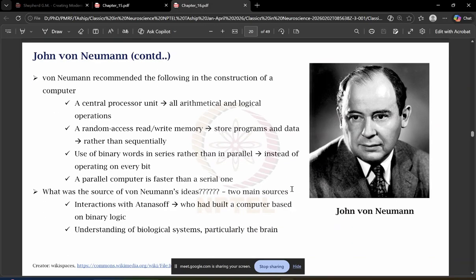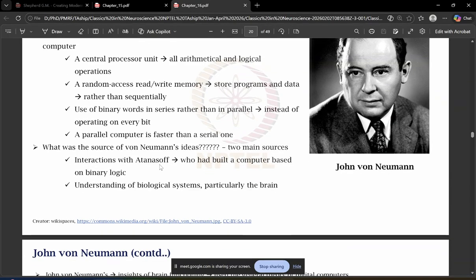So the idea that a computer should have a processing unit and a memory unit, similar to the way a brain has a memory unit, and the use of binary. For example, the action potential or impulse of neurons is also an all or nothing response, so it's like a 0 and 1.